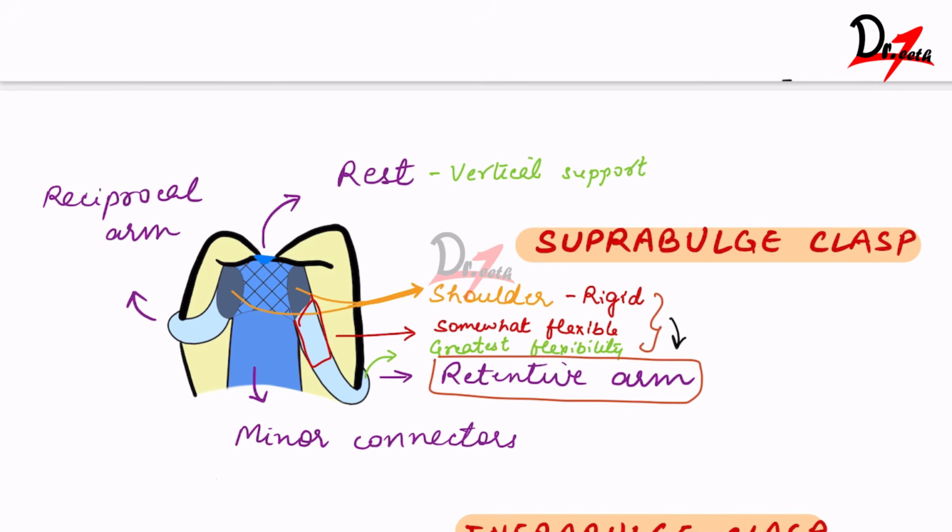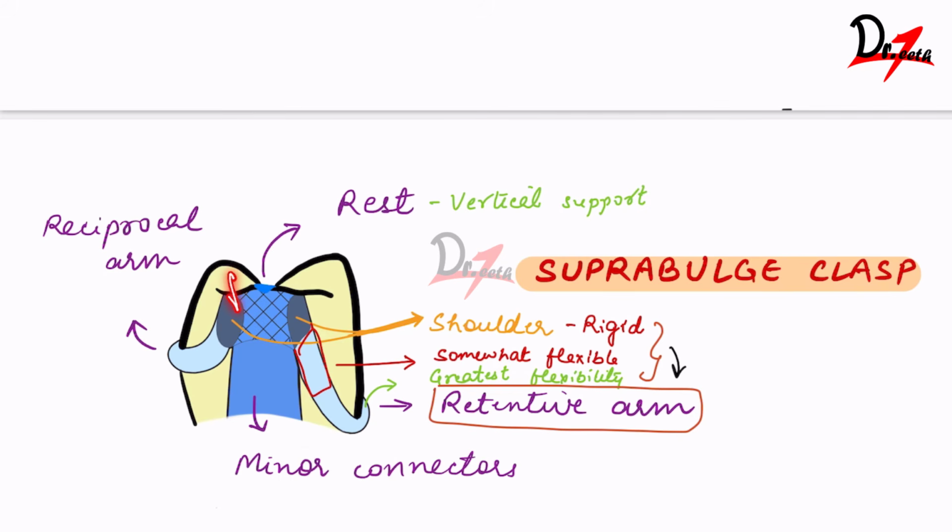So fingers crossed. Also, I would like to mention here that during the insertion of our prosthesis, this reciprocal arm should contact the abutment slightly before this retentive arm contacts the abutment. So before this could contact the abutment, this should contact the abutment when we insert the prosthesis.